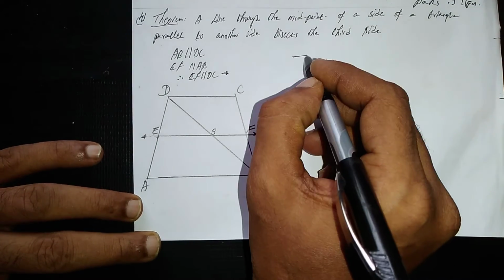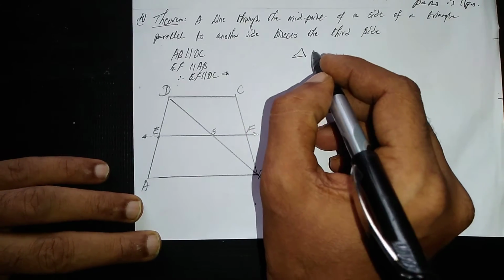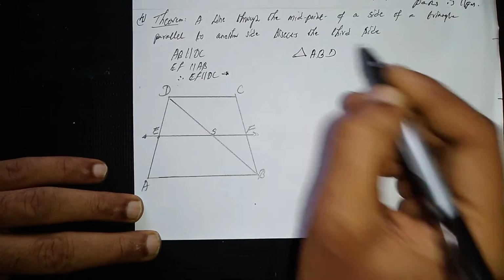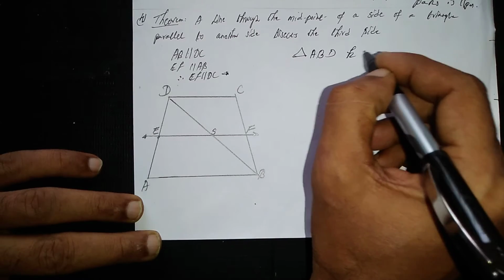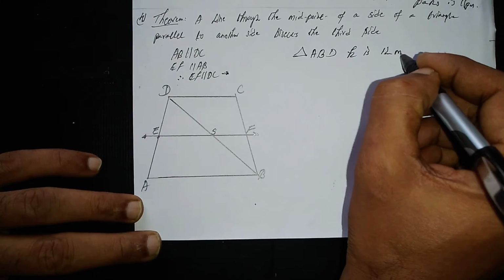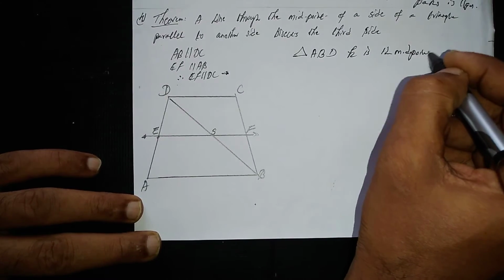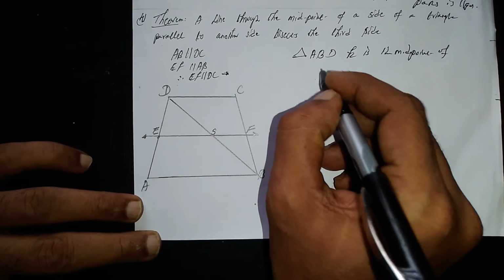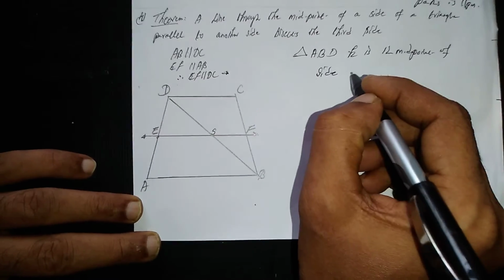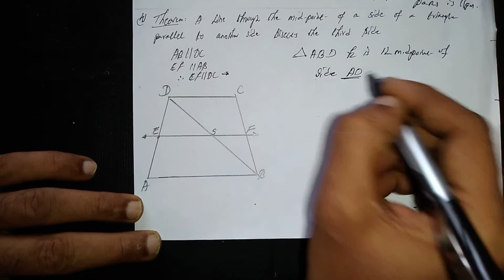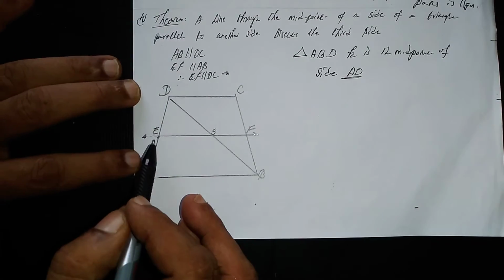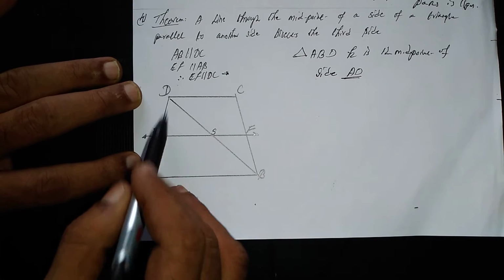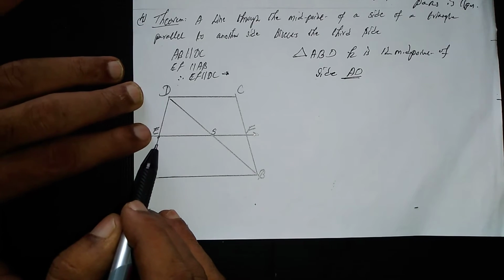In triangle ABD, E is the midpoint of one side, side AD.